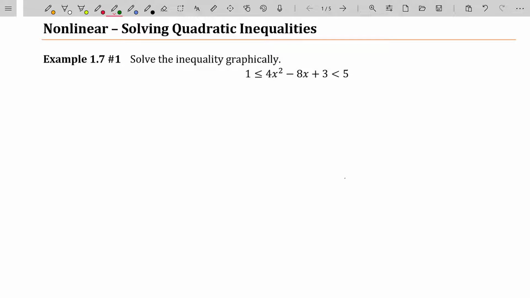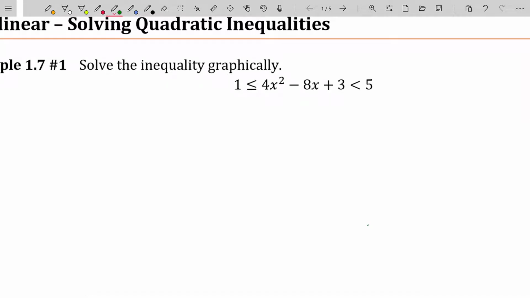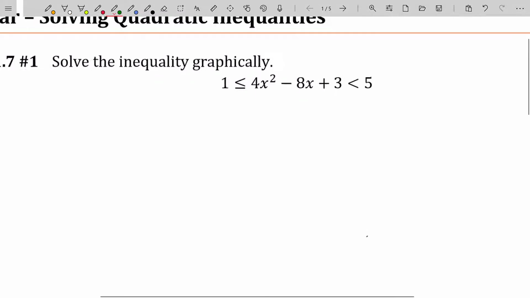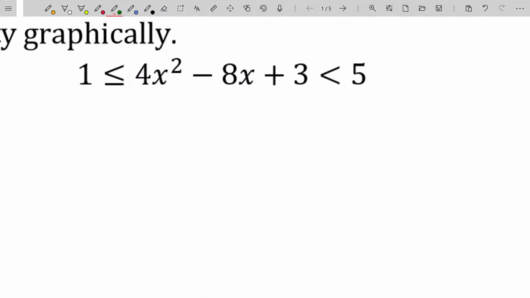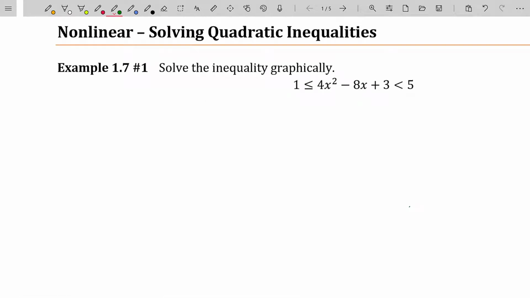So let's take a look at our one and only example of solving a quadratic inequality. In another video, we'll solve rational inequalities, and yet in another video, we're going to solve absolute value inequalities. But focusing on this one, this is called a triple-sided inequality. Whenever you see a triple-sided inequality like this, it really is two different problems.